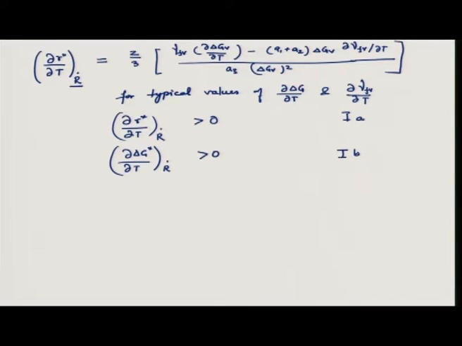Okay. Now, we can carry out the same exercise at a constant temperature, but differentiating with respect to deposition rate. If we do that, then we will get dr star over dR, the change in the size of critical radius of stable nuclei with deposition rate at a constant temperature, and this will be less than 0.